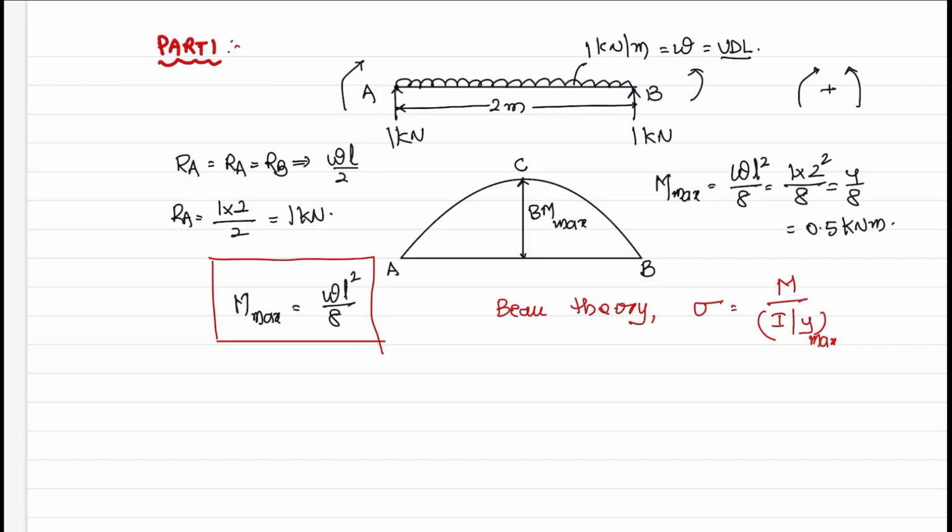Now, for a sine wave shape, the value of M is obtained, I value is required and Y max is required. Now one by one we will go. I is required at the center of gravity. What is the sine wave form?